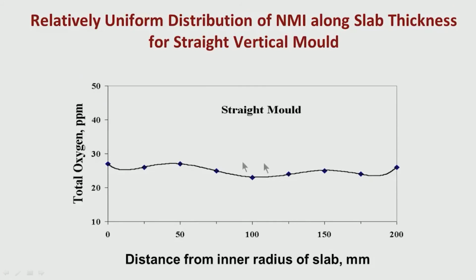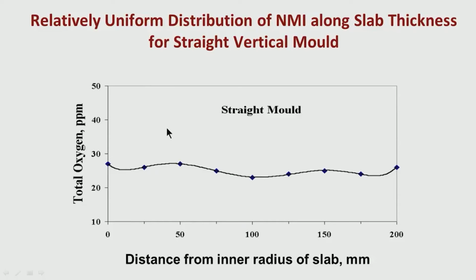So throughout the thickness we wanted to see the distribution of cleanliness, the distribution of non-metallic inclusions. Total oxygen gave an indication that for a straight vertical mold, from the inner radius area to the outer radius area, inclusions are more or less uniformly distributed. Inclusions will be there.